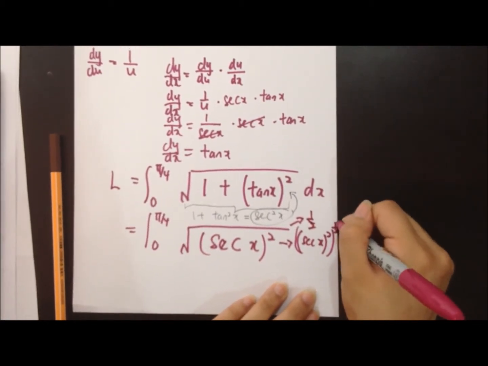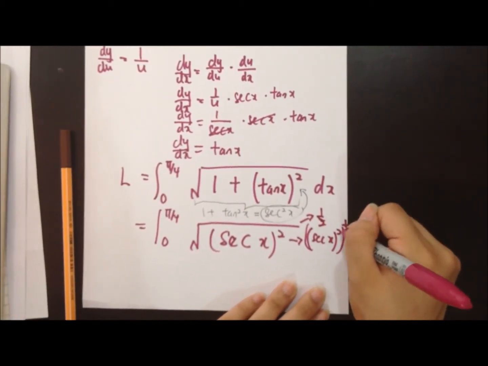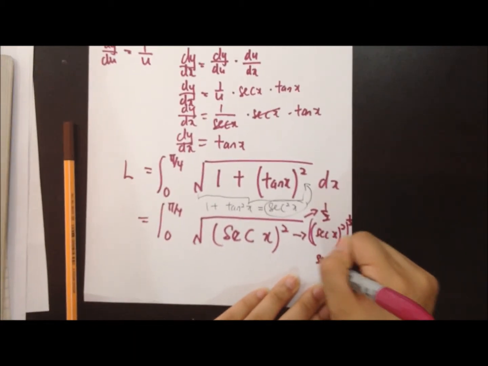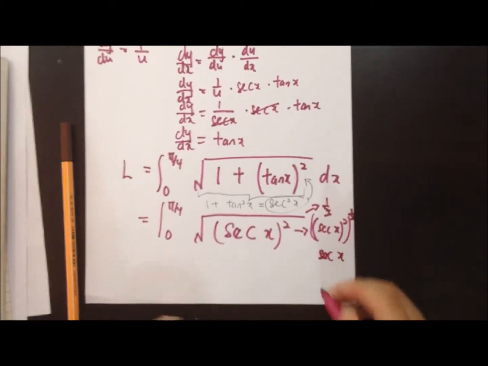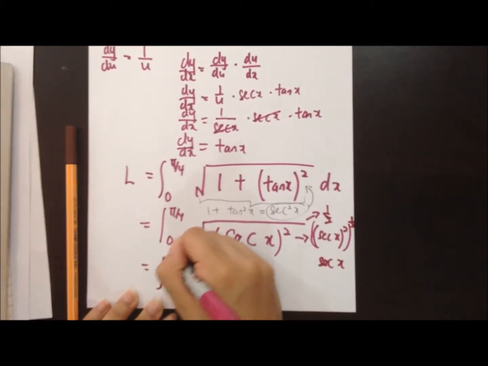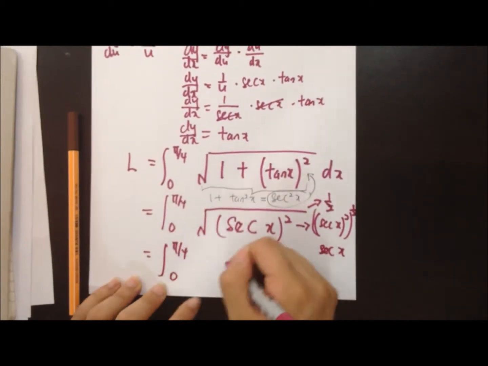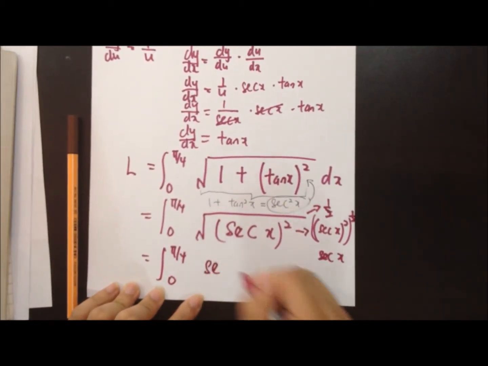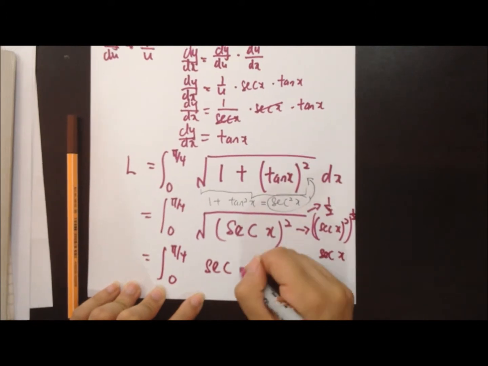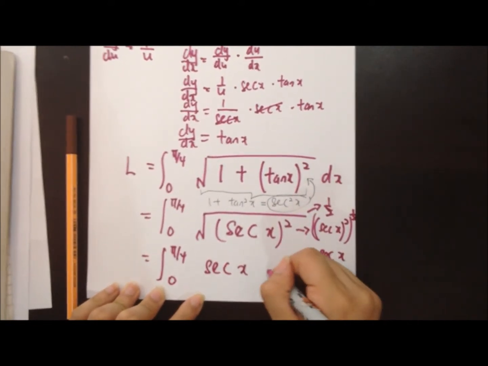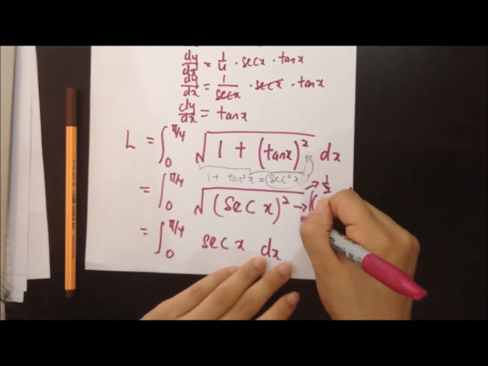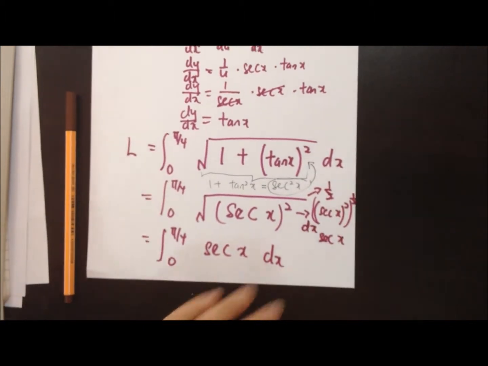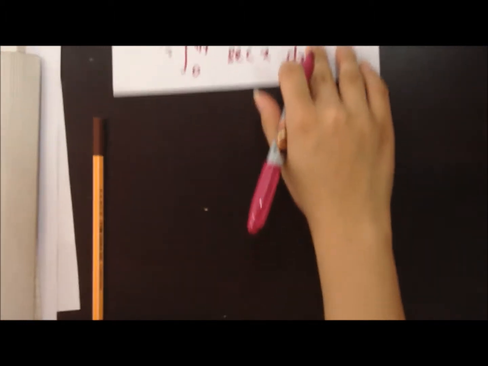So 1 over 2 times 2 will become equal to 1. It will become secant x. So integrate from 0 to pi over 4, it will become secant x dx. Oh, sorry, here I forgot to write the dx. Okay, now we continue it.